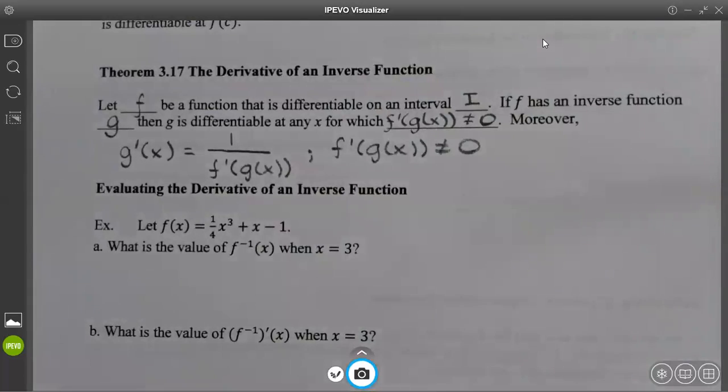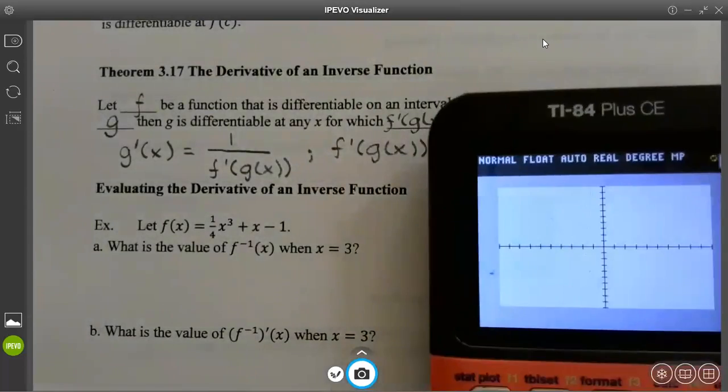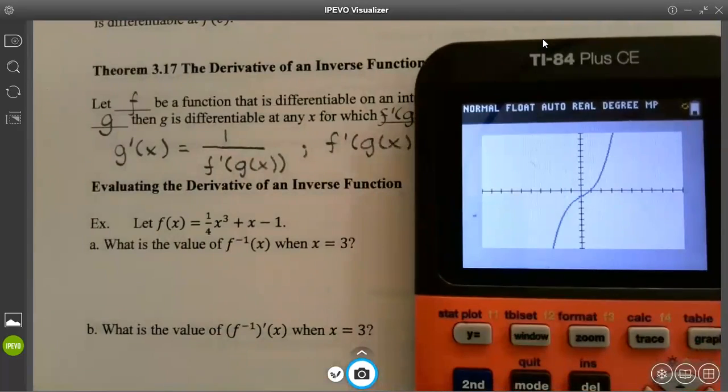All right, so this first function, I'm going to put it in my calculator so you can see it. It's actually graphed in your book, and I just didn't put the graph on the paper. It looks like this.